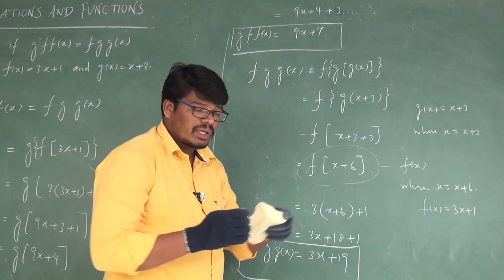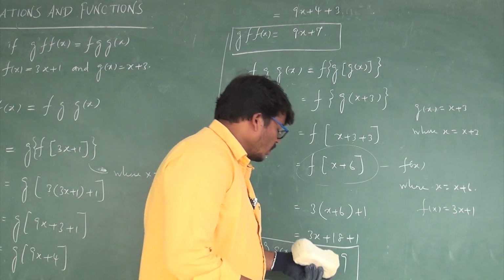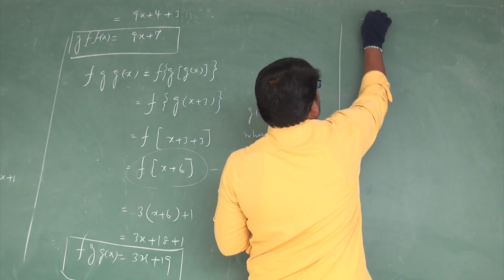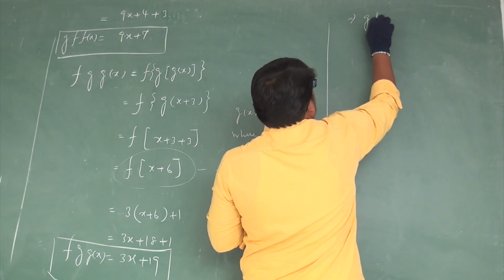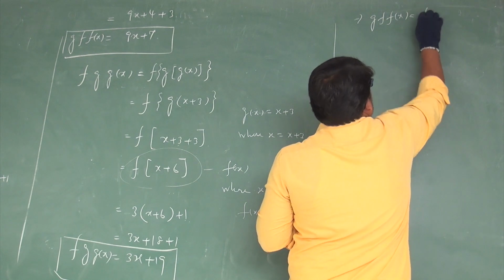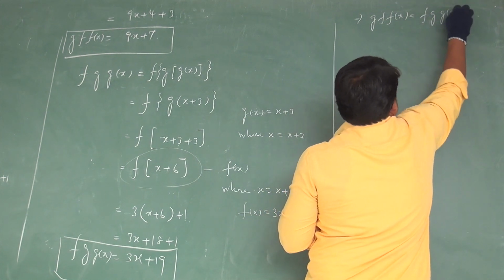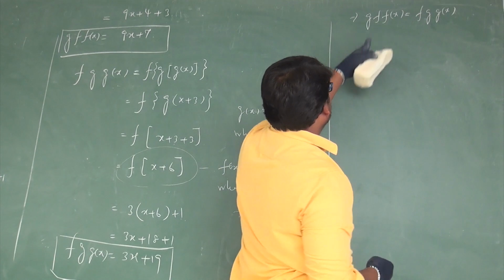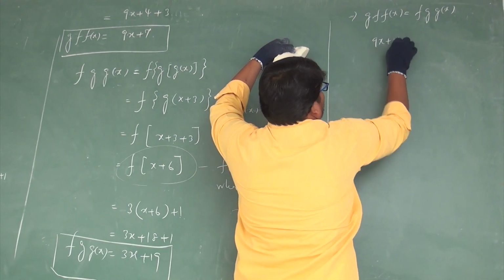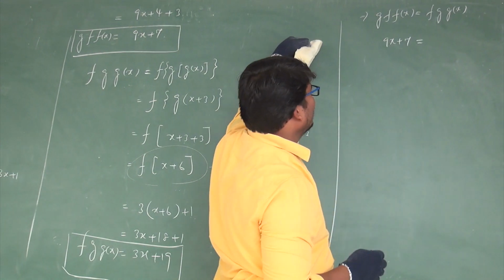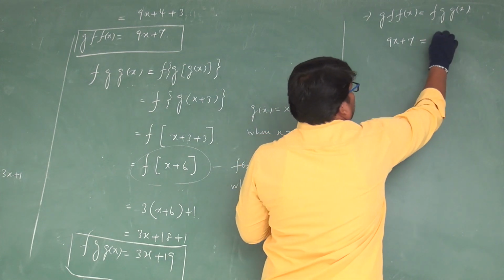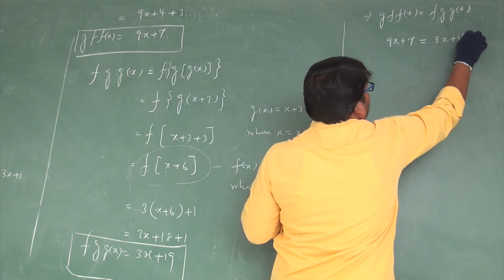Given the condition that both are equal, we equate these two values. g of f of x equals f of g of x. The first one, g of f of x, is 9x plus 7, equal to the second one, f of g of x, which is 3x plus 19. So 9x plus 7 equals 3x plus 19.